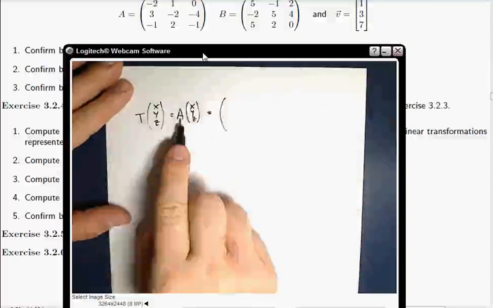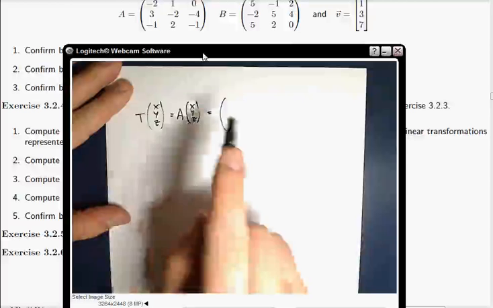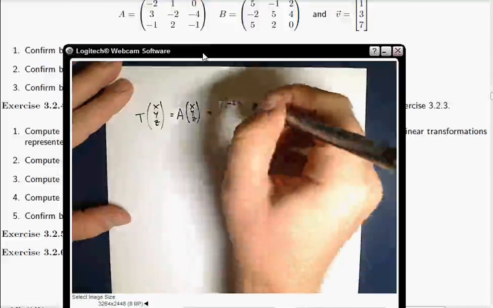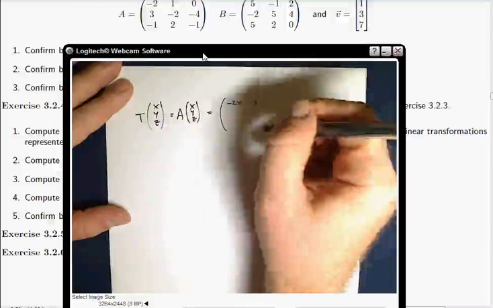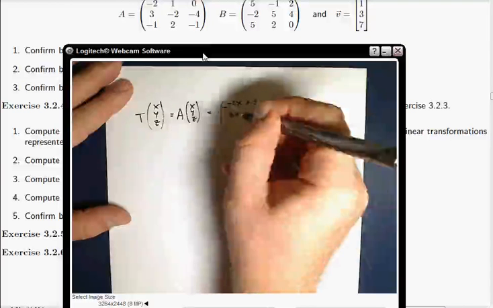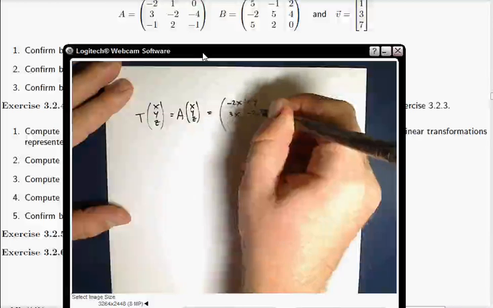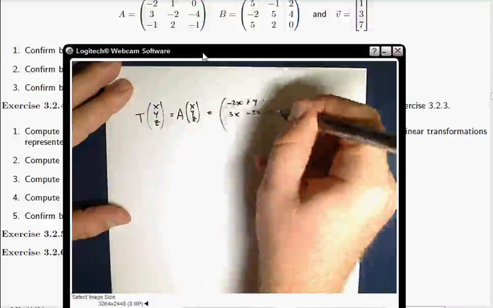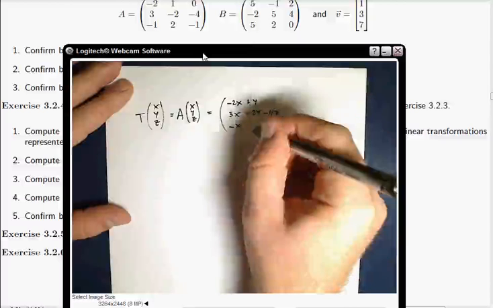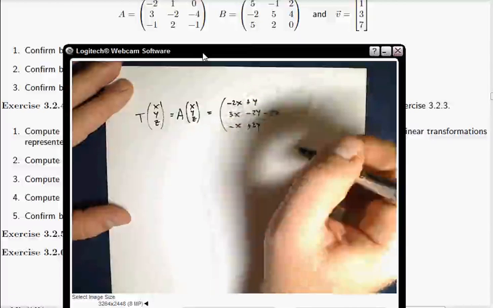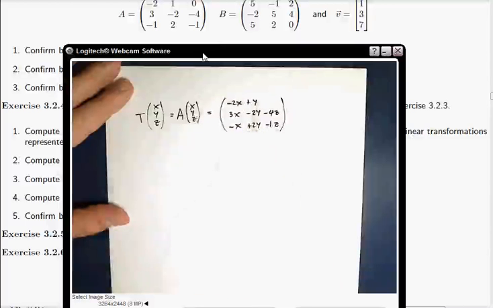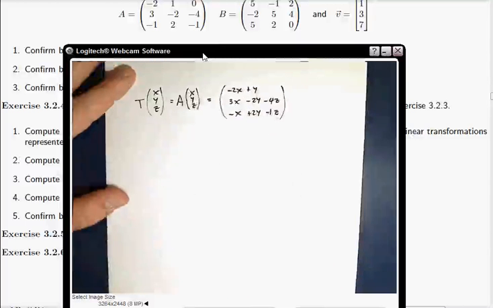It's of course A times X, Y, Z, so it's that matrix up there times X, Y, Z. So it's negative 2X plus Y plus 0, and then 3X minus 2Y minus 4Z, and then negative X plus 2Y minus 1Z. So I claim that this is the linear transformation that's shorthanded by A. Is that cool? All right.